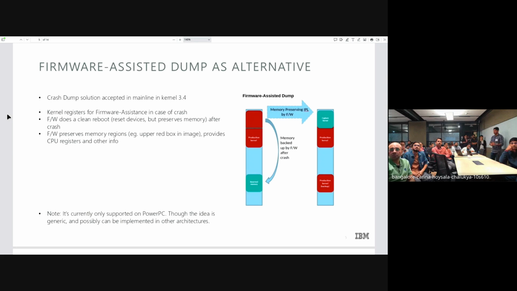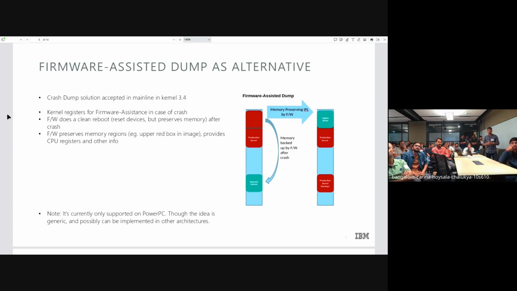As an alternative to kdump, IBM came up with something called firmware assisted dump. Previously there were two major issues: depending on the crashed kernel to boot the second kernel, and the devices might be in an inconsistent state. Firmware assisted dump changes the design.